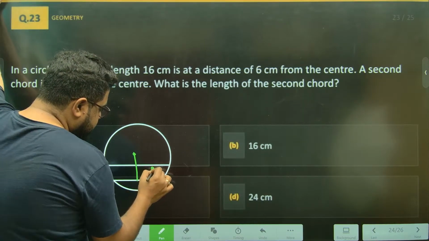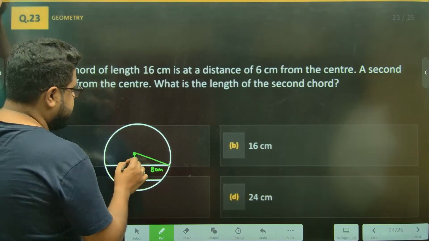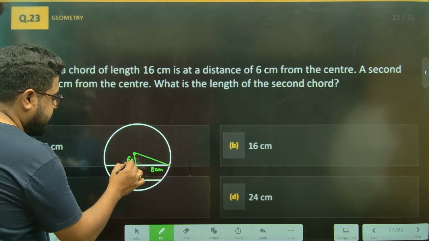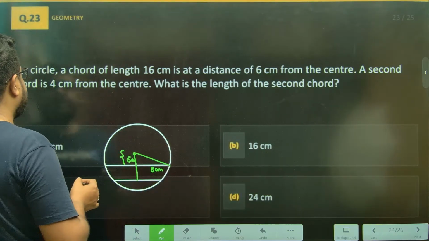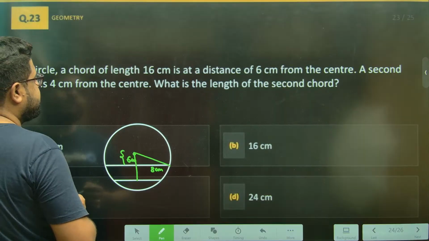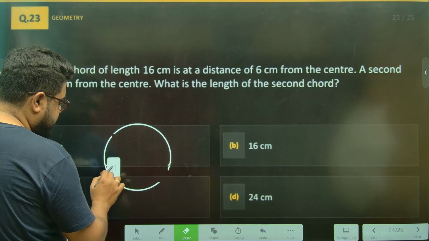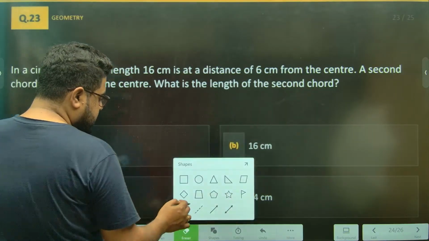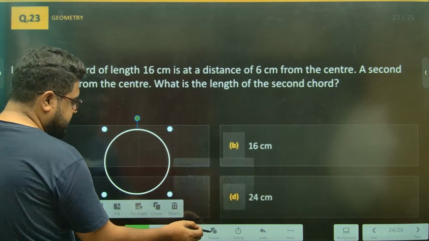This is 16, so this is 8 centimeters, half. Sorry, I've drawn or marked the chords in the opposite manner. My mistake, sir. So sorry.